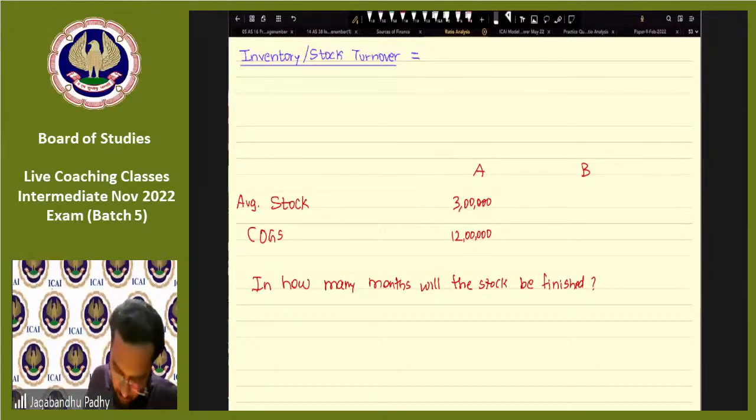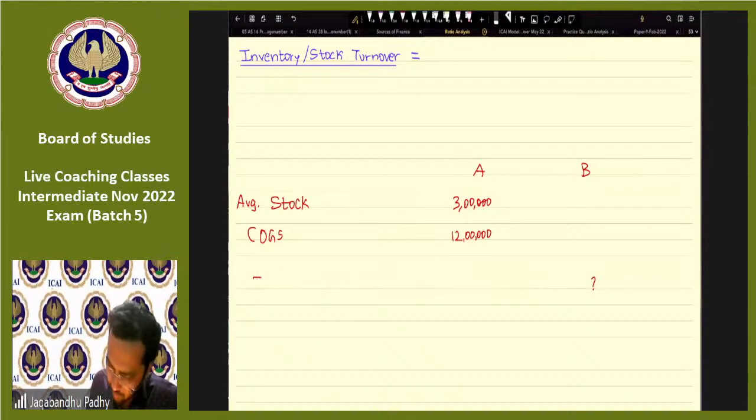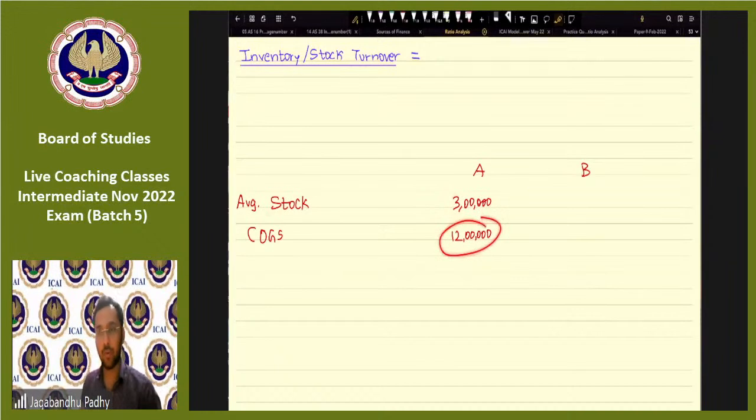Or, one second, before I ask you this, let me ask you one question, and then we'll go to this. You have an average stock of 3 lakh. You have a COGS of 12 lakh.